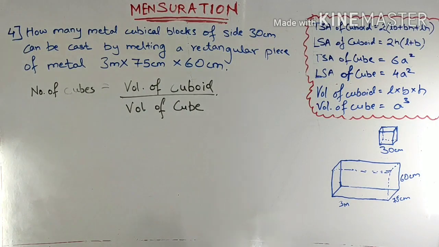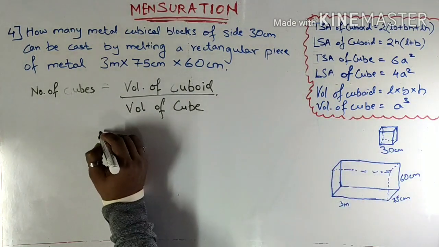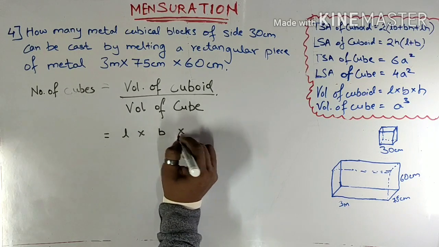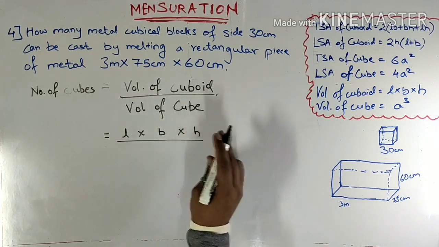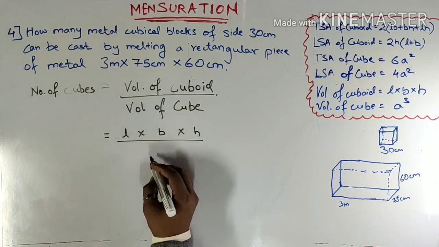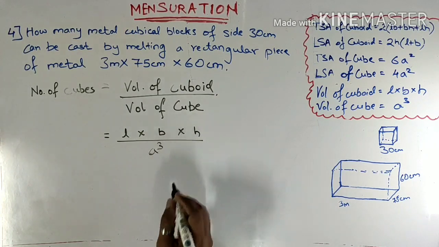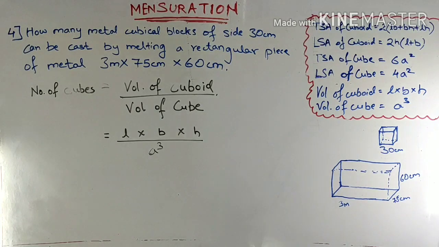Volume of the cuboid is given by length into breadth into height, and volume of cube is given by side cube, that is the third power. Substituting the values, but before that I would like to remind you that in physics and maths, when you solve word problems, always check whether the units are of the same type.